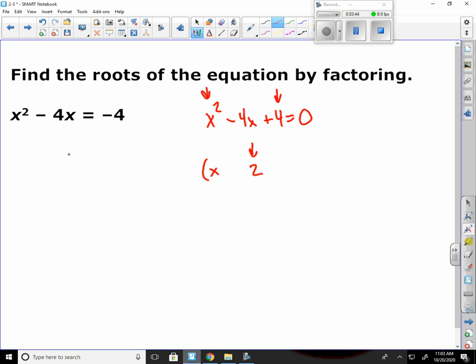Remember, our perfect square trinomial tells us that it's a squared minus 2ab plus b squared. So my a is x. My b is the square root of 4, which is 2, because 2 squared gives me 4.